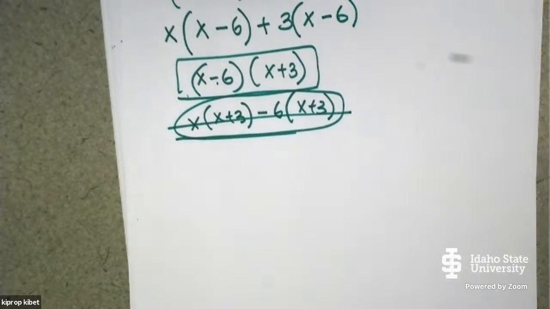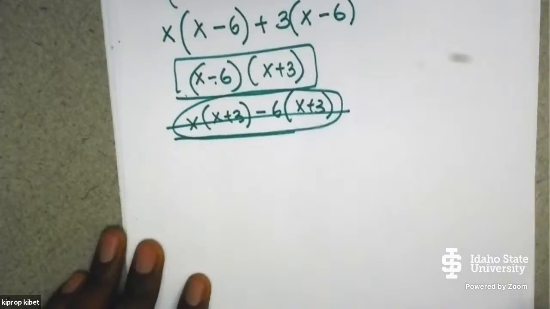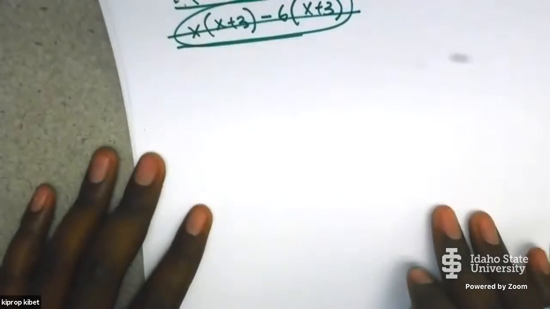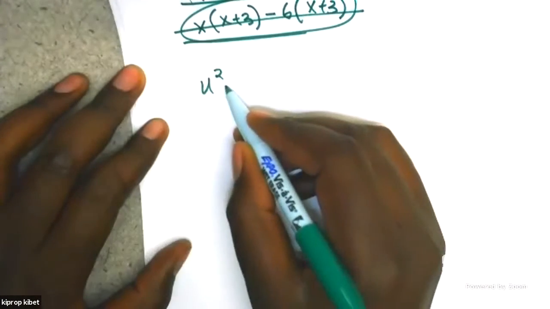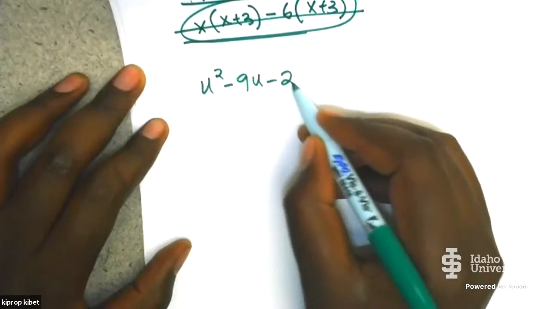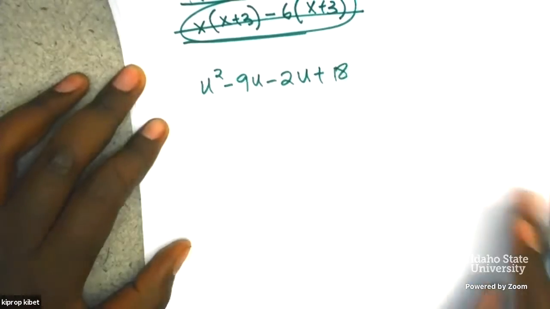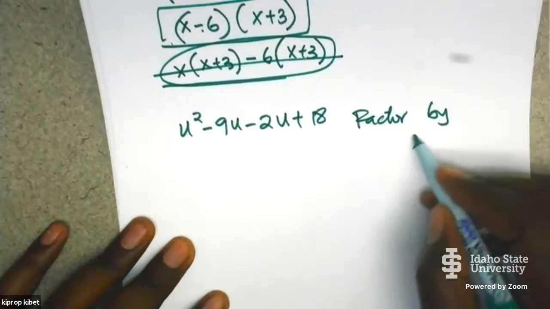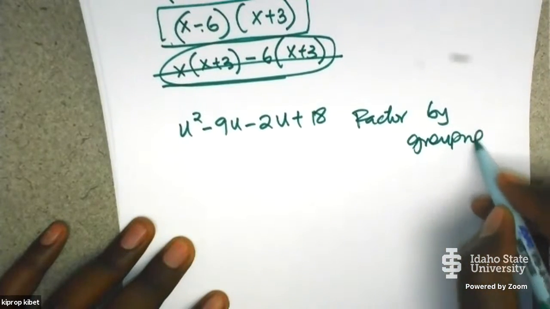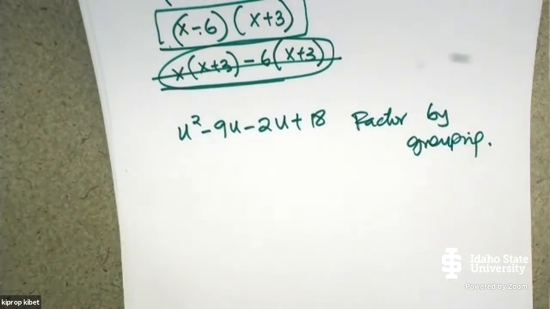Okay, now we have another one here. Yes, this one. u square minus 9u minus 2u plus 18. Factor this by grouping. So we have a minus sign.